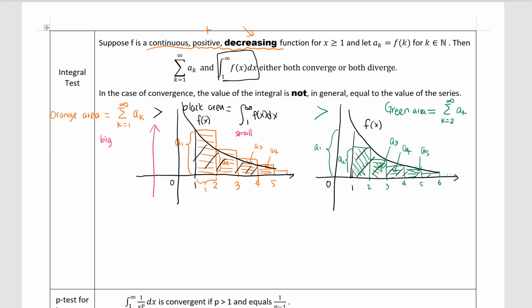If the big guy converges, so if this guy converges, the big guy is finite, it implies the integral also converges, so the small guy is also finite, right? And we know that the integral from 1 to infinity of f of x dx diverges. So if the small guy diverges, that implies the big guy also diverges. Okay?